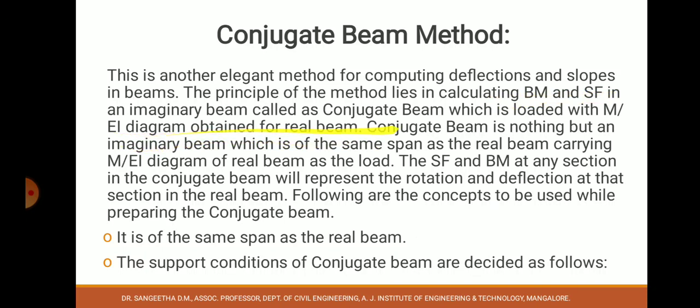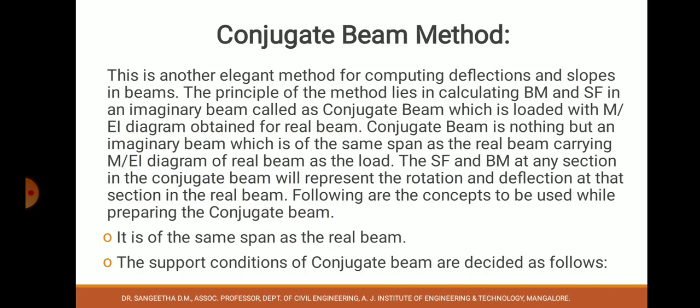This is a point to be noted. A conjugate beam is nothing but an imaginary beam of the same span as the real beam, carrying the M by EI diagram of the real beam as the load.